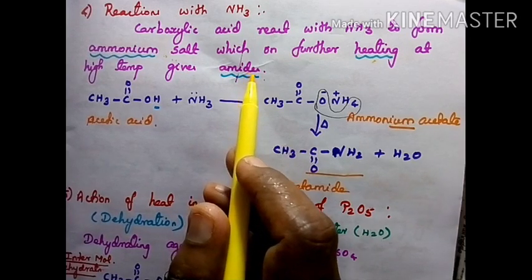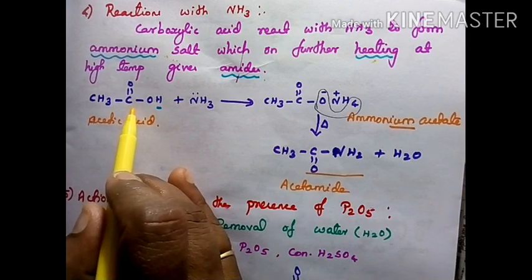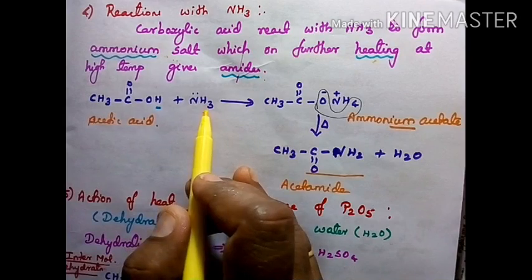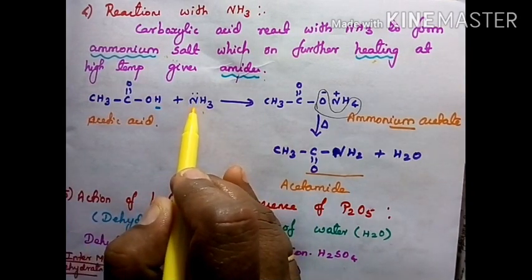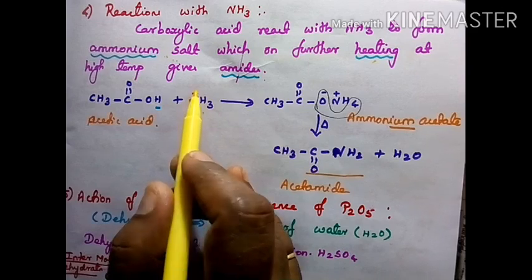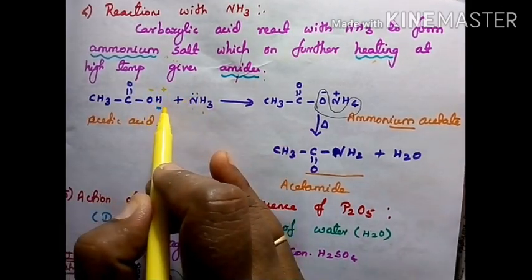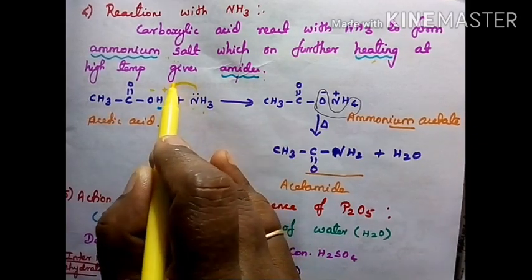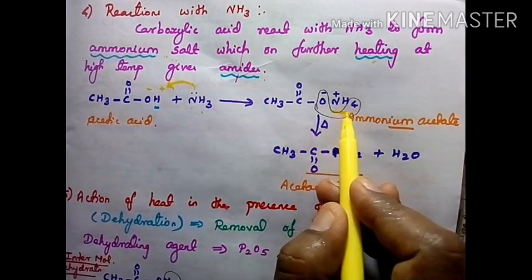Now let's see how this reaction takes place. Carboxylic acid is taken, so here it is acetic acid and ammonia. This NH3 has one lone pair of electrons. Here we have H plus and this becomes minus. Acid has a tendency to give H plus. So this lone pair donates to hydrogen and forms NH4 plus.